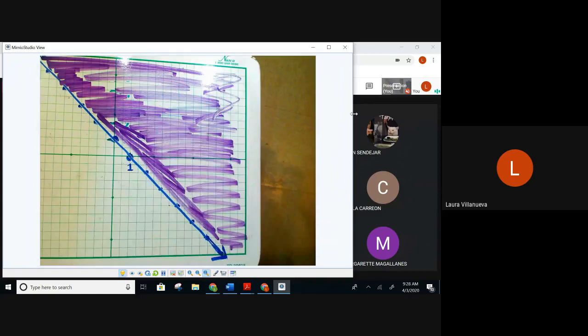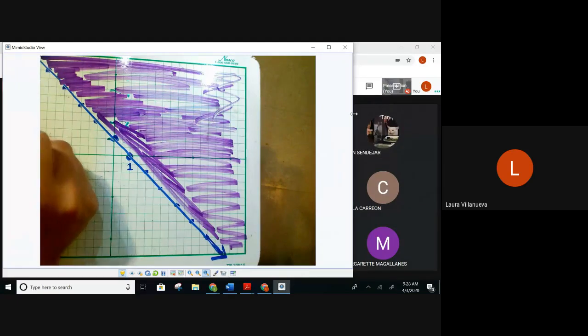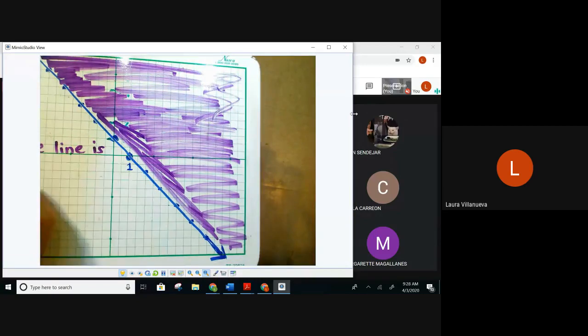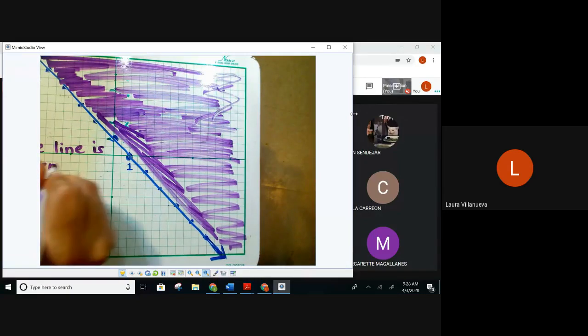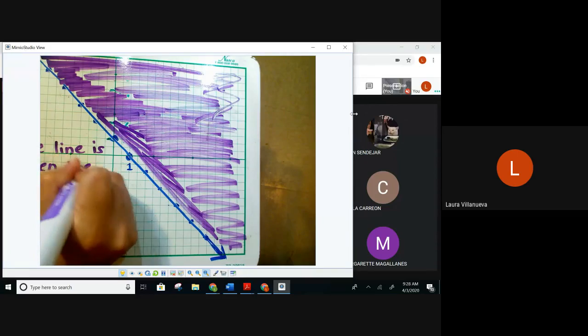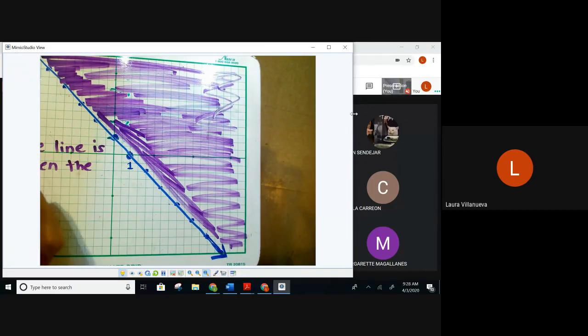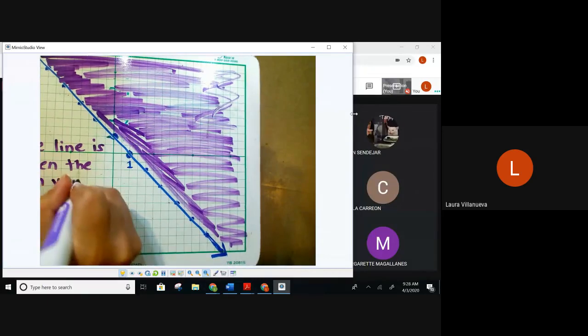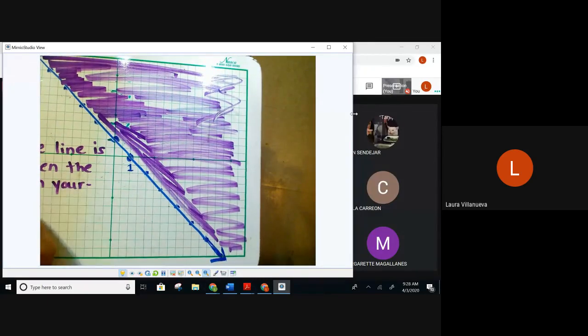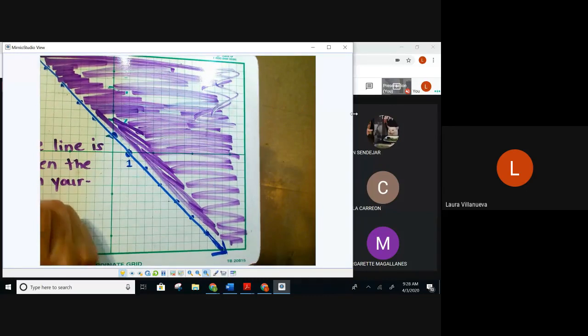Now, this is important. If your line is solid, then the points on your line are a solution.